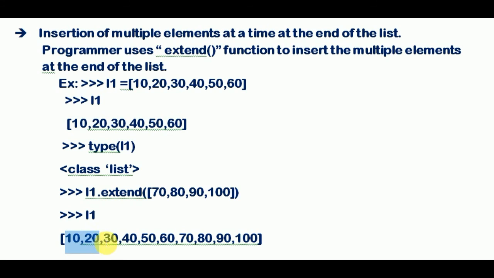So here we got the complete list 10 to 100. The first list was 10 to 60, and we added the list 70 to 100 to the existing list. So the final list would be 10 to 100 using the extend function.